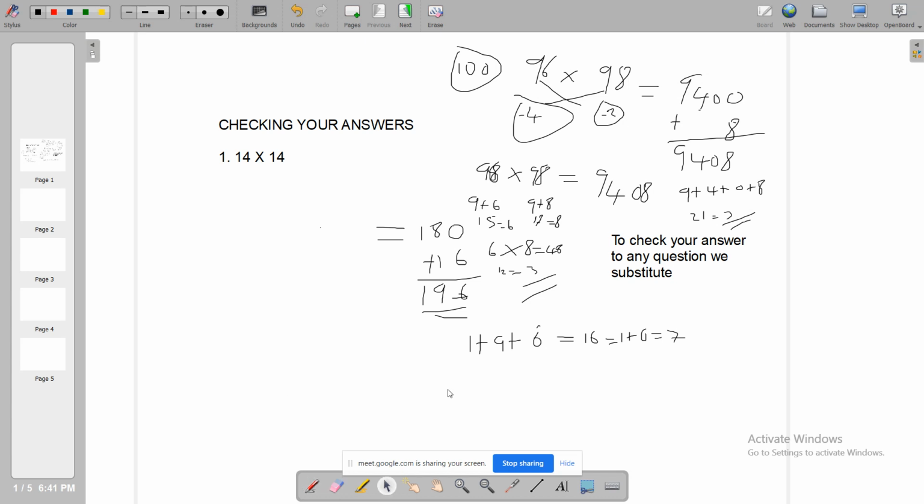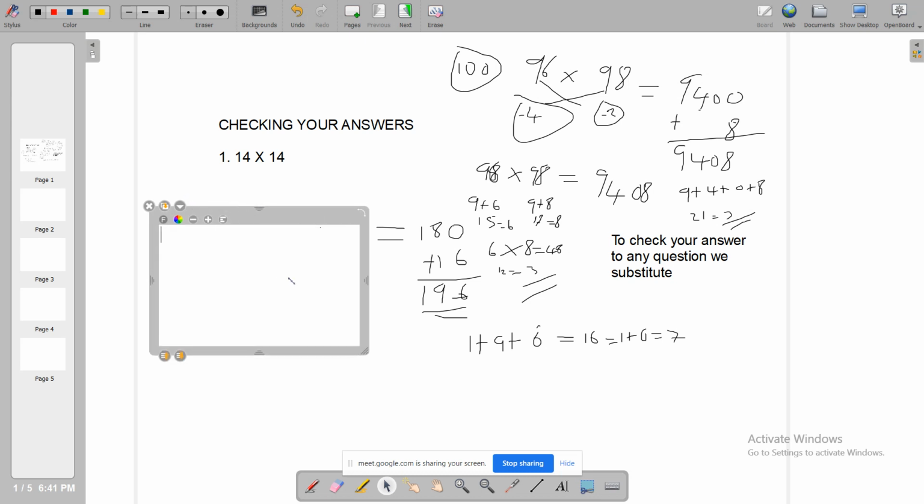Let me come here. I want to draw something here so that we can just try our hands. So now in mathematics we have alphabet.